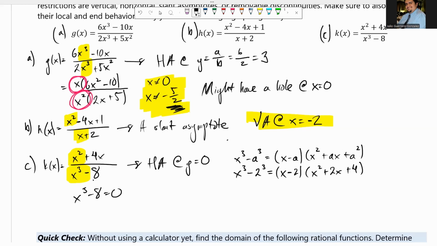So then this whole function, k of x, x squared plus 4x all over it, can change into x squared plus 4x over x minus 2 times x squared plus 2x plus 4.